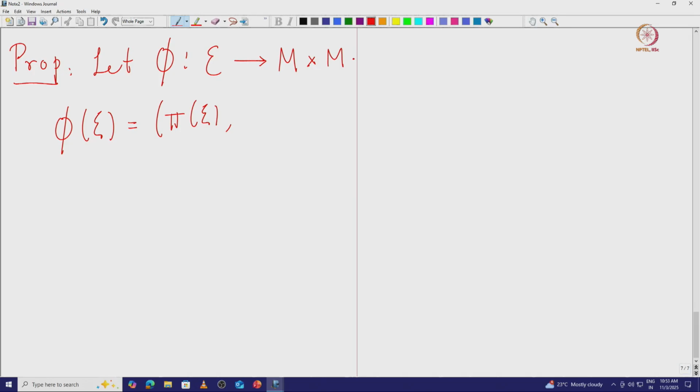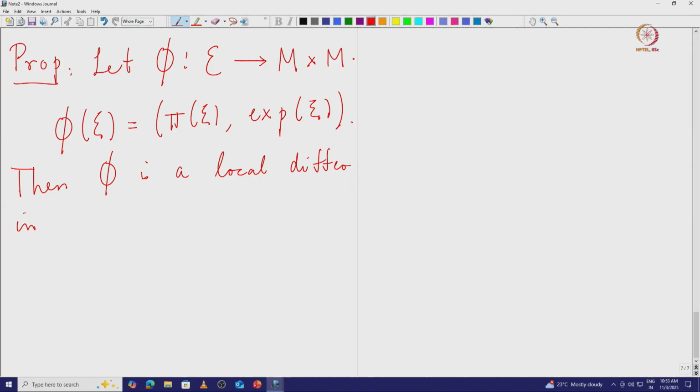So, the first component of this map is just pi of xi, the second component is given by the exponential map. Okay, so my claim is that phi is a local diffeomorphism in a neighborhood of the origin at p for all p, okay.